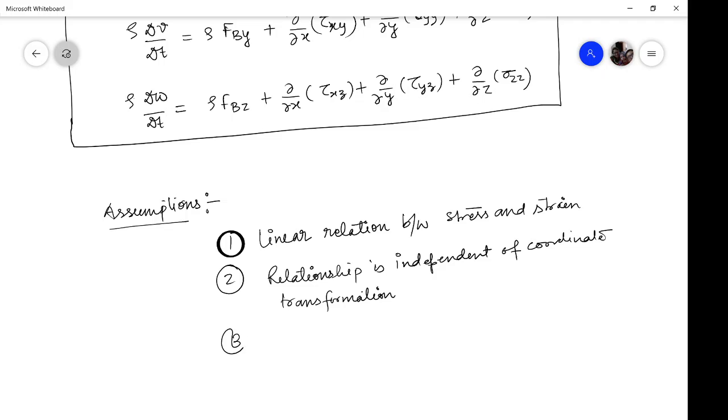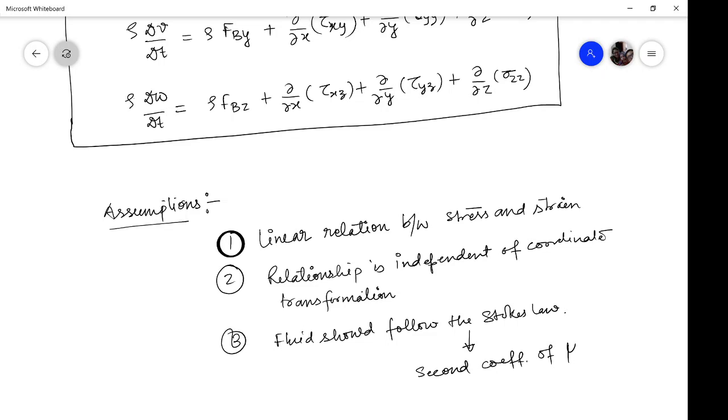Third assumption is that the fluid, whatsoever it is, should obey the Stokes law. That is, the fluid should follow the Stokes law. This is a very important assumption. And by this, it means the second coefficient of viscosity should be 0.